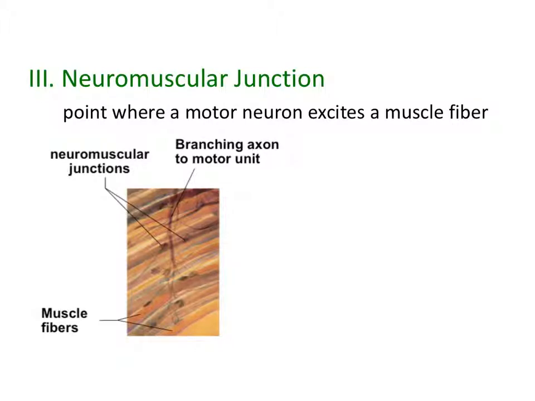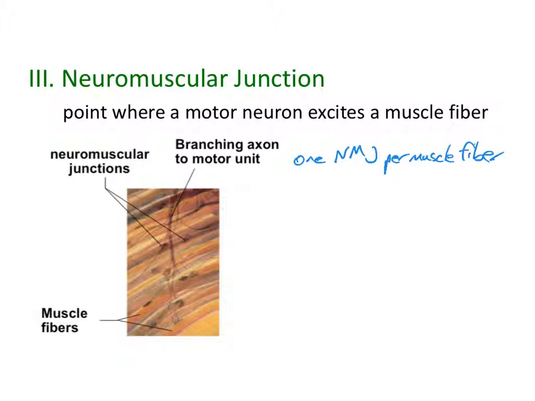Anatomically, looking at a neuromuscular junction, there's only one neuromuscular junction per muscle fiber. So 1 NMJ per muscle fiber, which makes sense. I talked about this earlier on when we first talked about the skeletal muscle system. You don't want more than one neuron controlling a muscle fiber, or else that muscle fiber will get conflicting information.